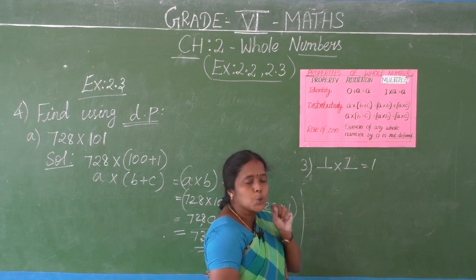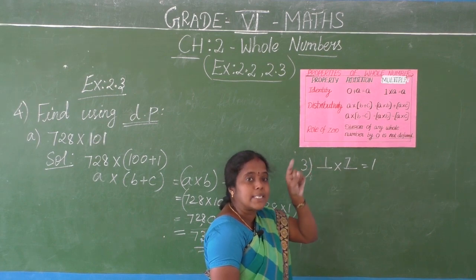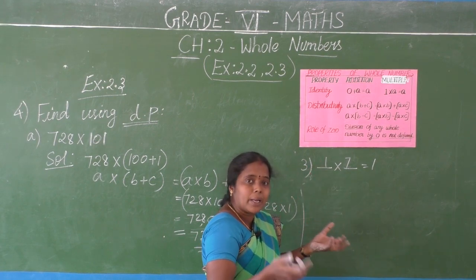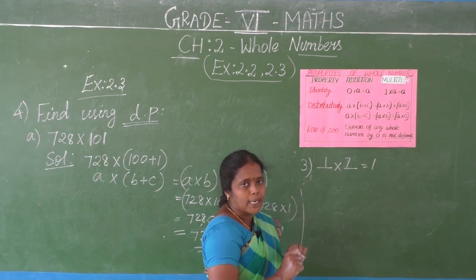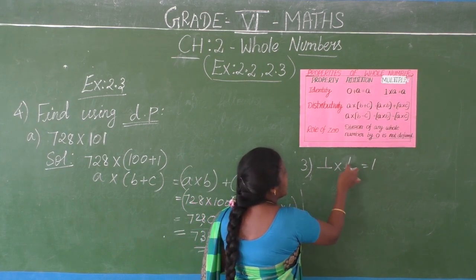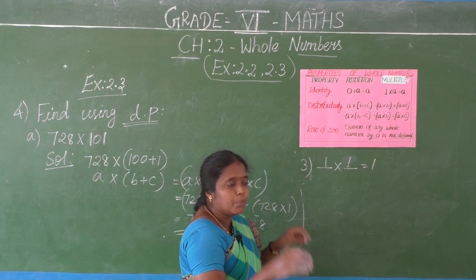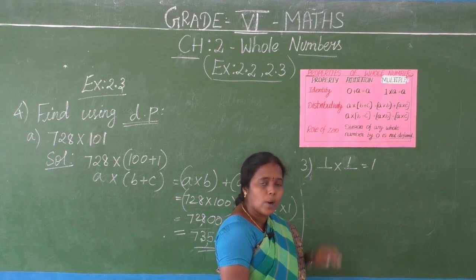You have to choose two numbers and multiply. At that time our answer must be 1. Will you take two separate numbers, or the same number, 1 into 1, like that? If you put 1 in both places, your answer must be 1.